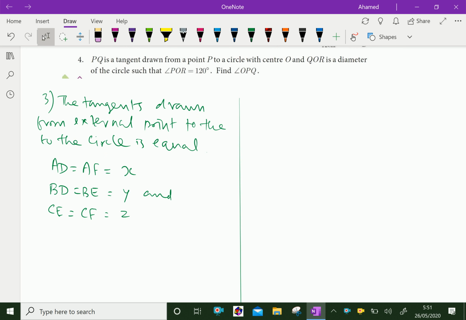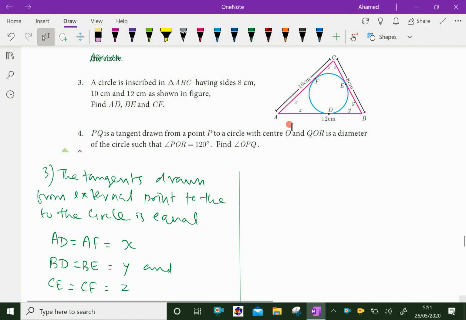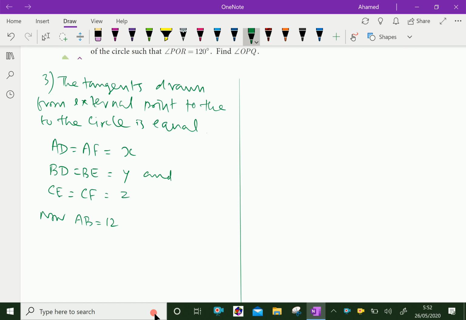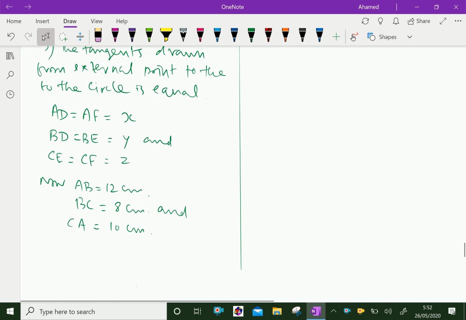Now AB is 12 cm, BC is 8 cm, and CA is 10 cm.